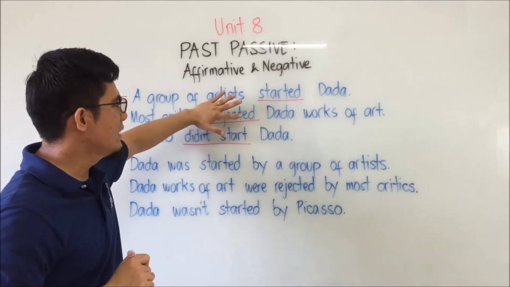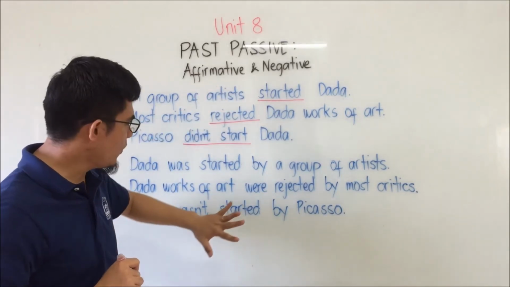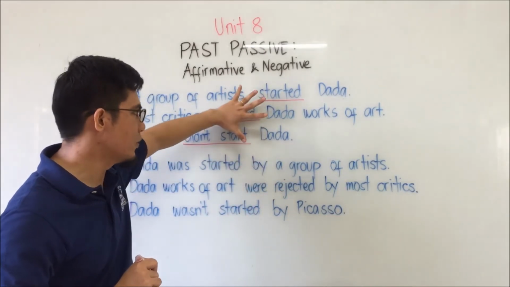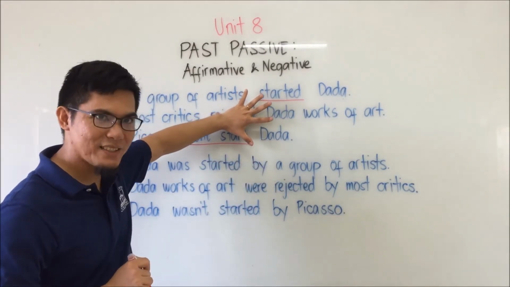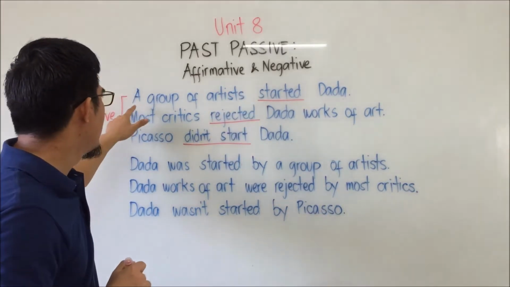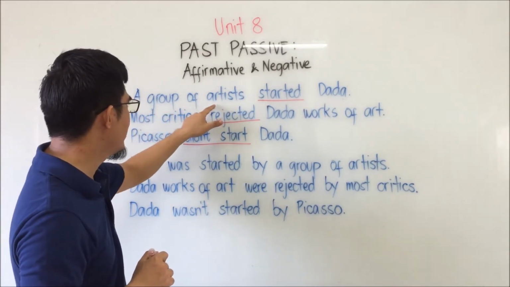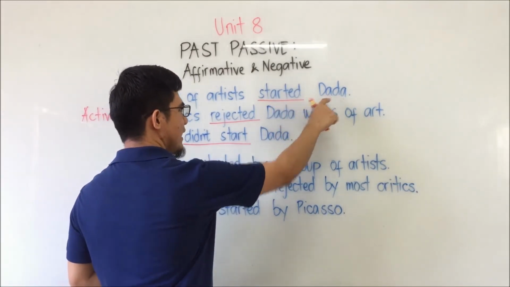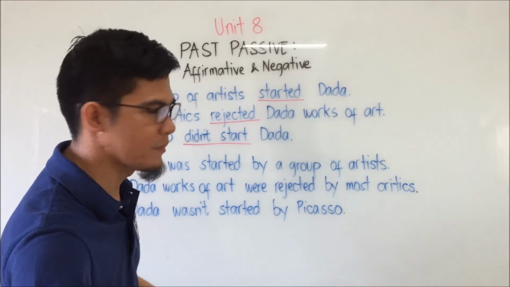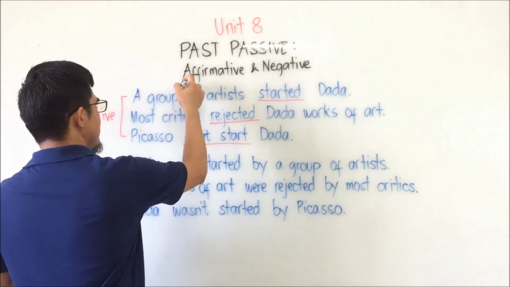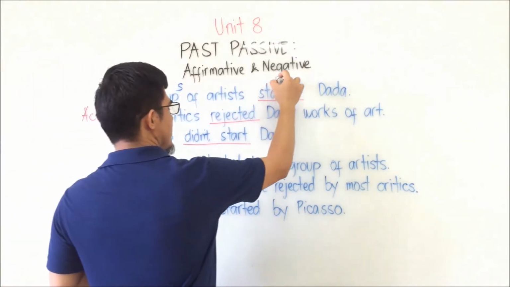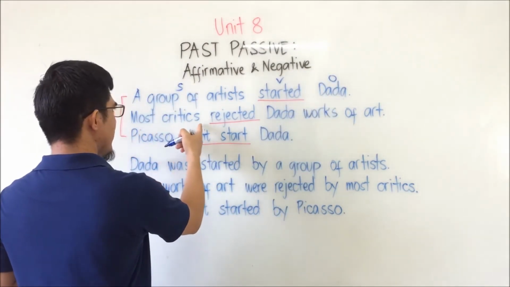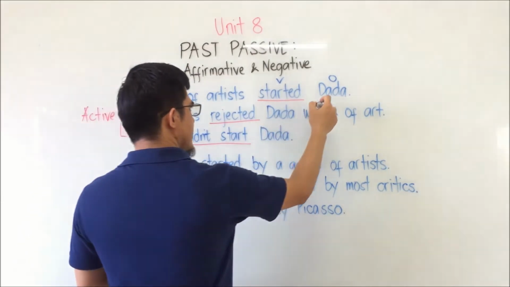So this is now the difference. Before I explain, I'll just show you the active. The subject here is plural, the verb is past tense, and then here's the object. This is the subject, this is the verb, and this is the object.